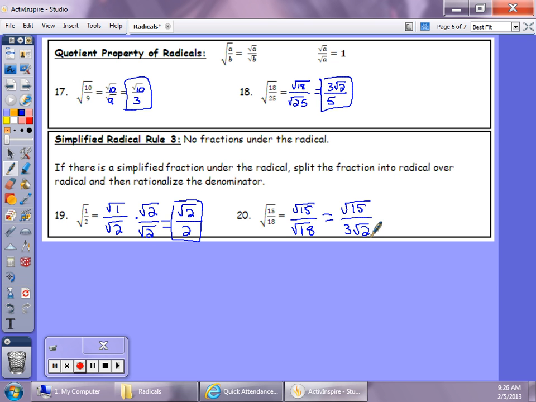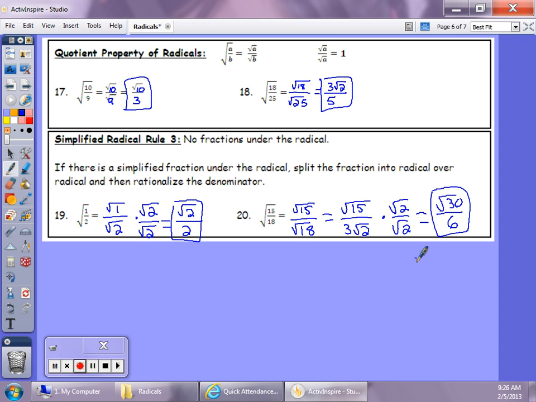So in this case, we're actually only going to multiply the numerator and denominator by root 2. So root 15 times root 2 is root 30. And then 3 times root 2 times root 2. So root 2 times root 2 is root 4. The square root of 4 is 2. So 3 times 2 is 6.